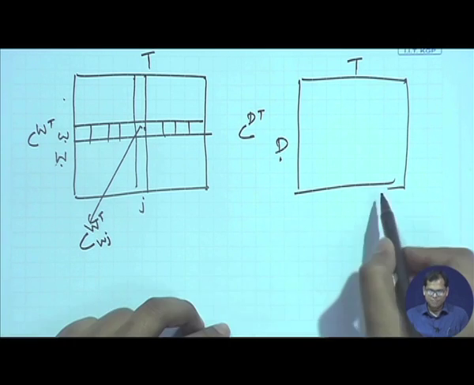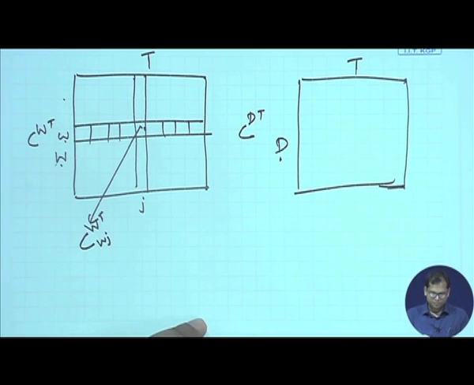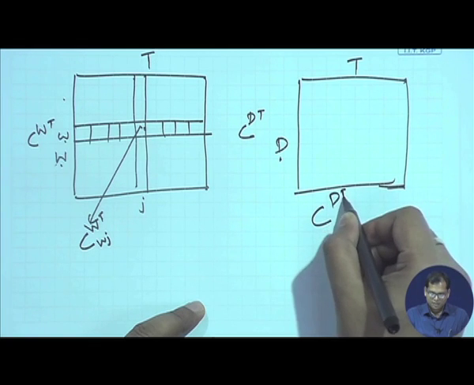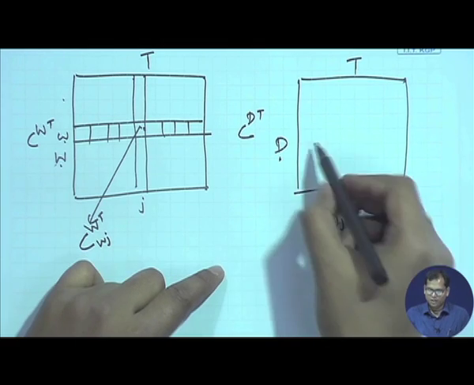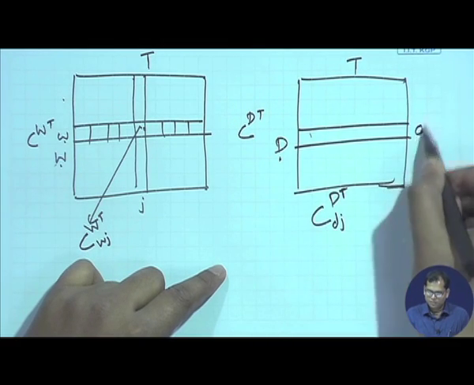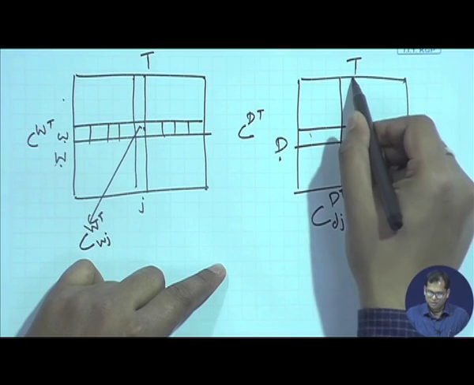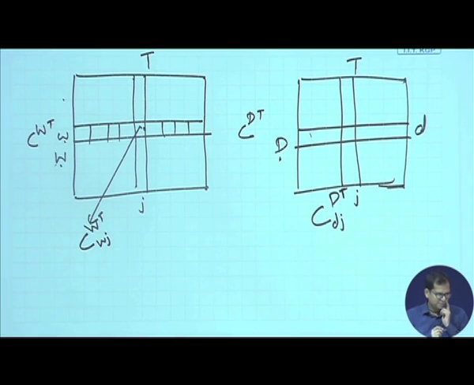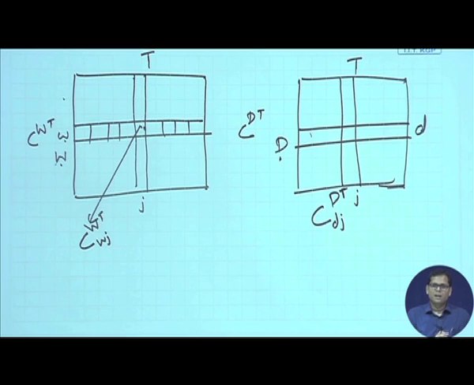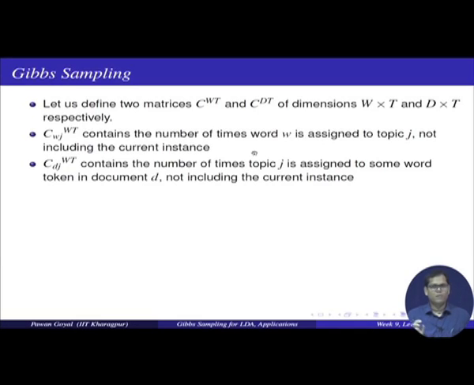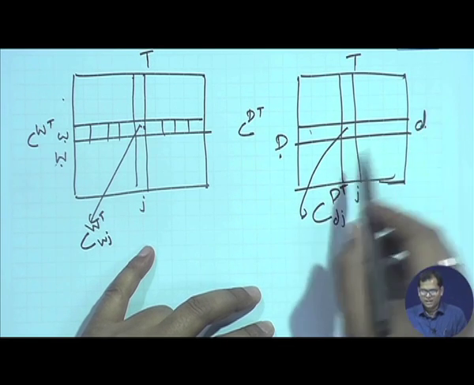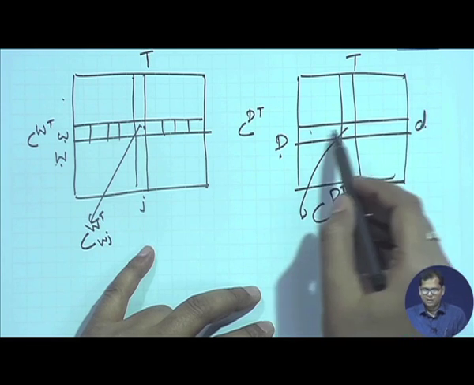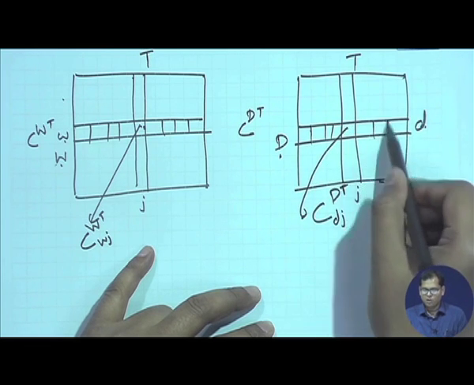Similarly, an element C_DT_dj will contain, for document d and topic j, the number of times topic j is assigned to some word token in document d, that is, how many words in document d are assigned topic j, and that again you can have for all the values.